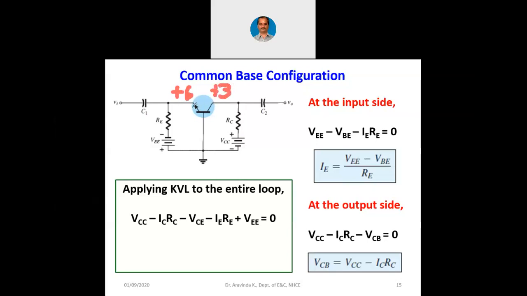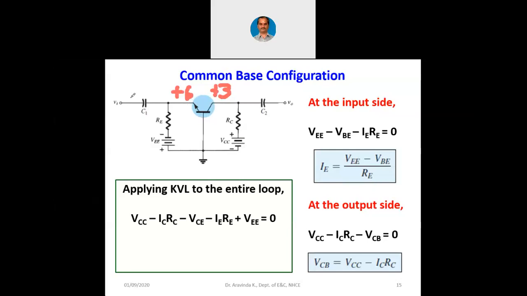I am crudely doing the annotation because I am working with the mouse itself. So imagine there is plus 6 volts at the emitter and plus 3 volts at the collector by means of the biasing. That means across the transistor there is 3 volts, which means this transistor is not completely switched on. It is in the active region now.